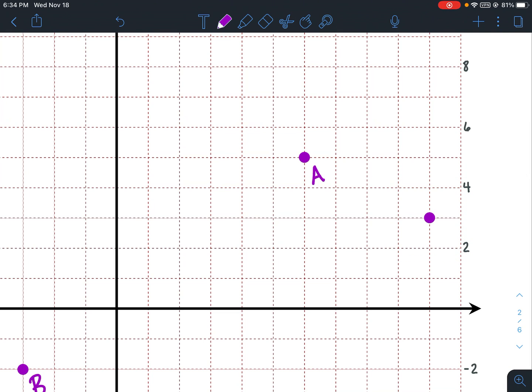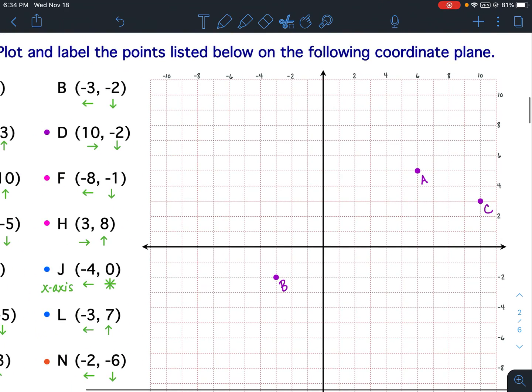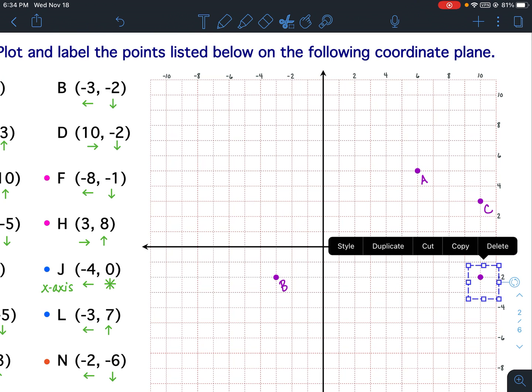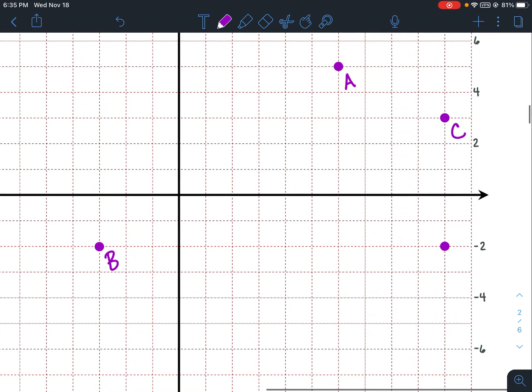And that is C. D is also over 10, but this time we're going to go down 2. So it's going to be on the same vertical line as C, but instead of up, I'm going down 2. So D is on the same vertical line as C and the same horizontal line as B.